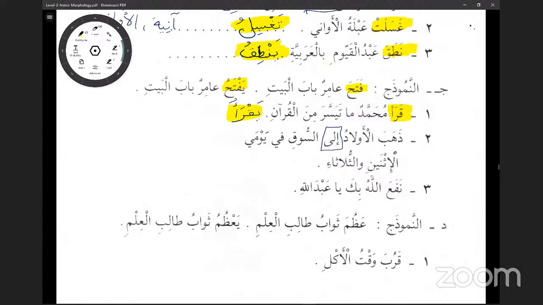And then dhahaba in mudari: yadhhabu. Very good. And then the wazn, or the bab, sorry. The bab will be fa'ala yaf'alu.